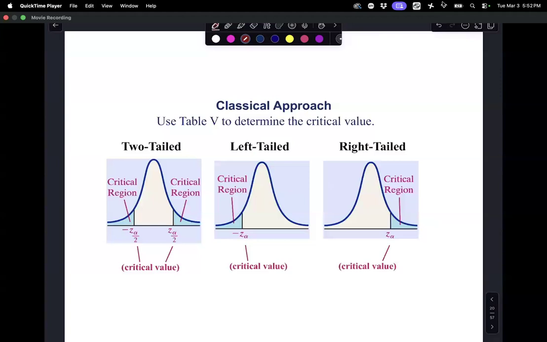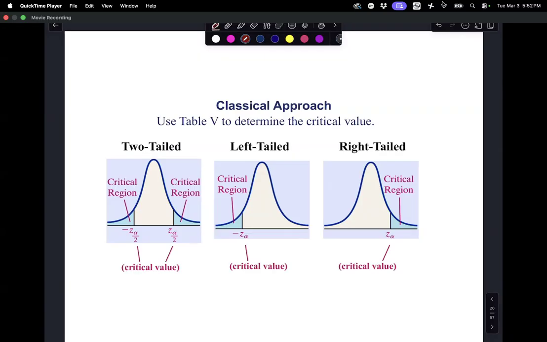Now, the difference with our confidence intervals. So the confidence interval that we're used to based on chapter 9 is two-tailed. So we take our alpha and we divide it in half. So that's how we'd find those critical values.